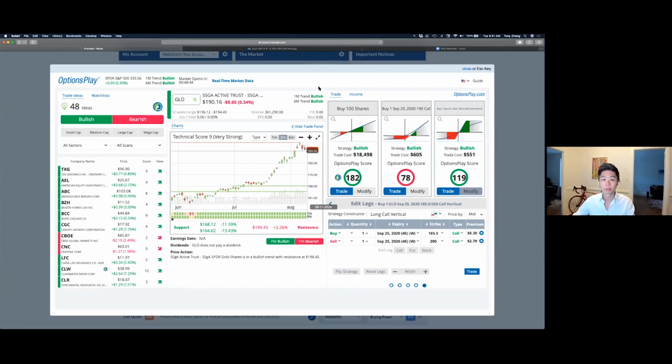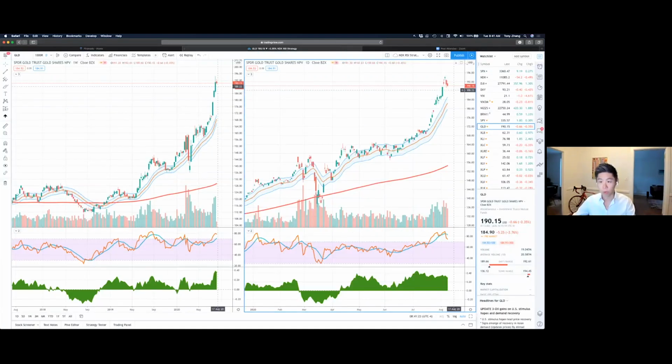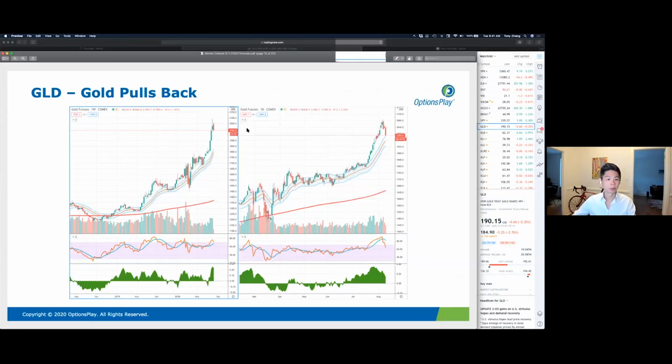That's how you want to play for further upside, because this type of trade pays you almost 2 to 1 if you're right and gold continues to rally, but you're only risking a little under 3% of the ETF's value to take that bet. So if gold does continue to decline, you're risking 3% of GLD as opposed to outright buying GLD at 185. So that's how I'm looking at gold here at the moment if you're looking for a pullback.